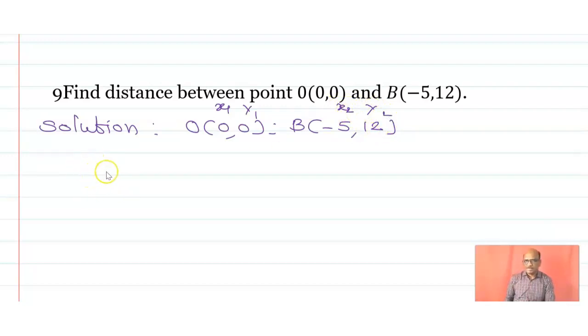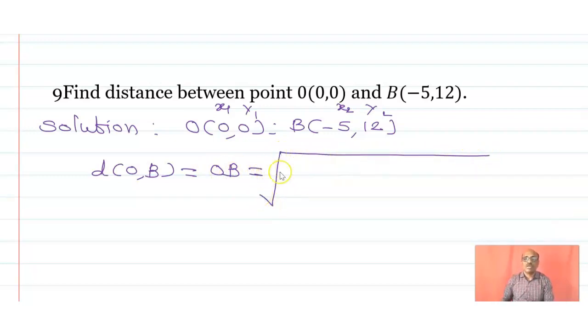Therefore, the distance between O, B is equal to, even if we just write OB here it is fine, and this is equal to again the formula that is x1 minus x2 bracket square plus y1 minus y2 bracket square.